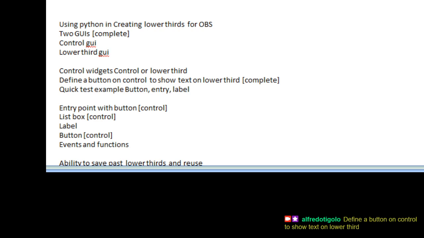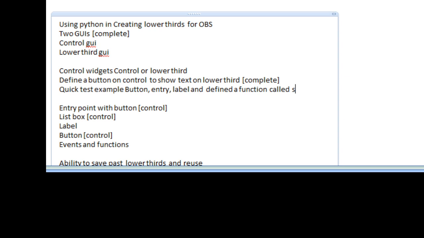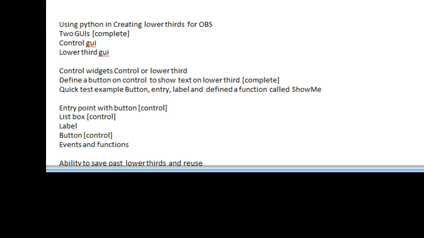Okay. And we did that using a sample test of button entry and a label. So we got a button entry and label and define a function called showy.